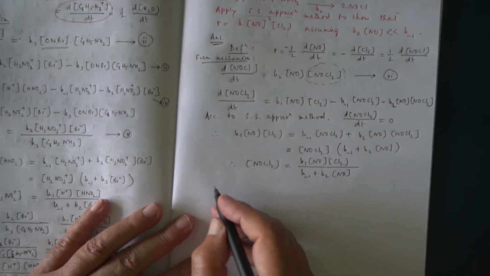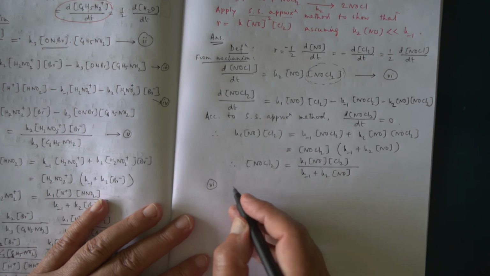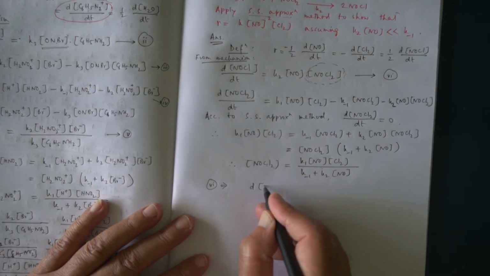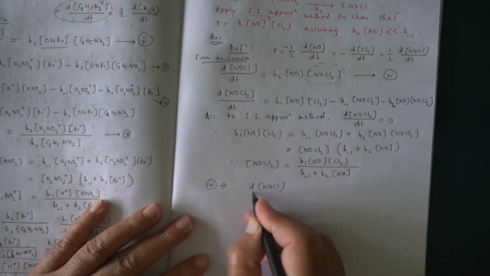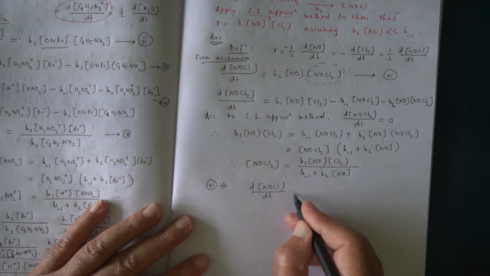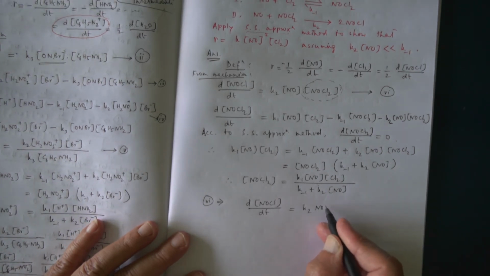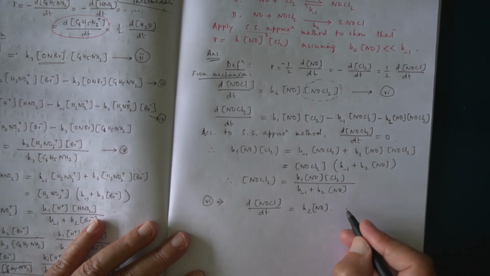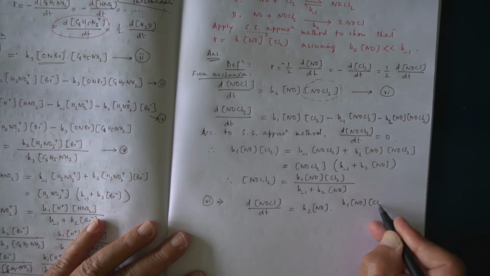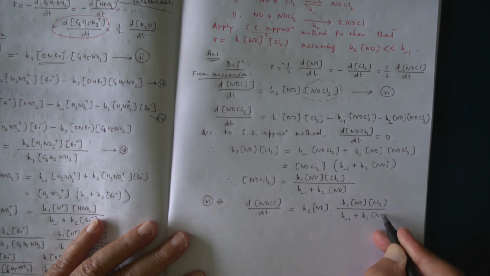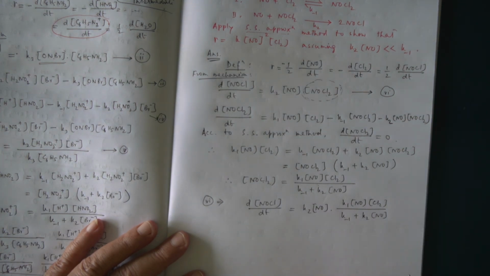Now from 6, we put it in: d[NOCl]/dt equals K2[NO] into K1[NO][Cl2] / (K-1 + K2[NO]).